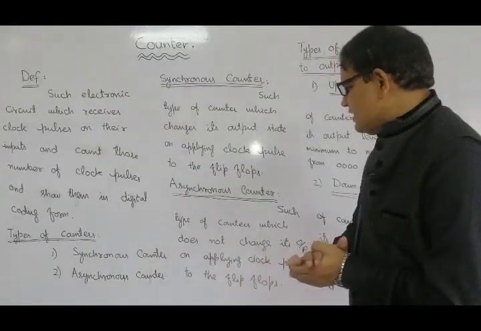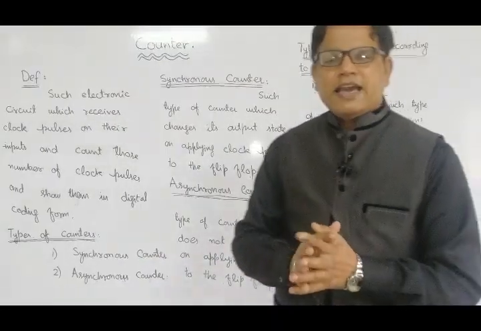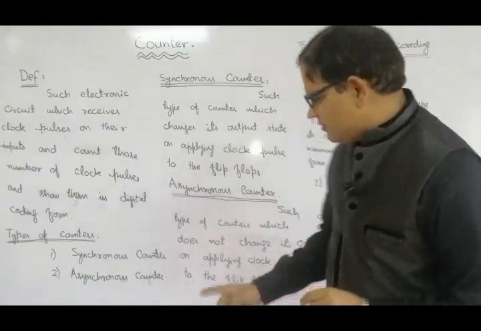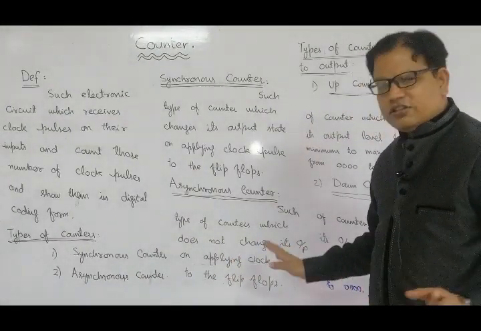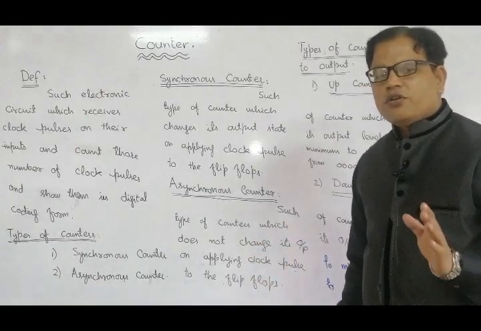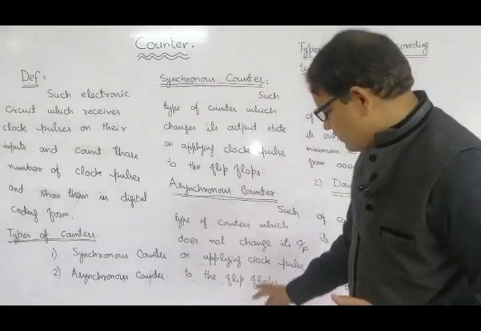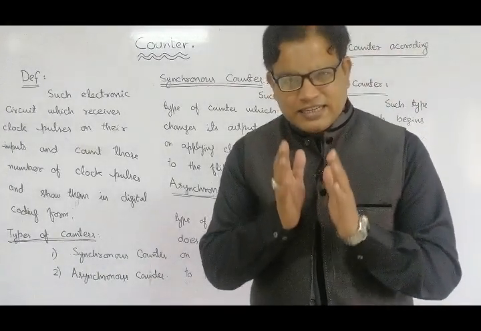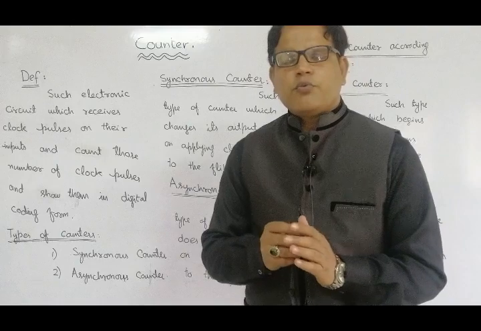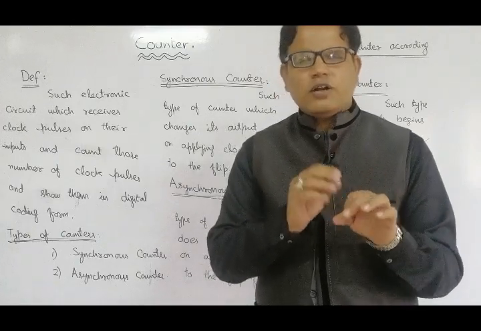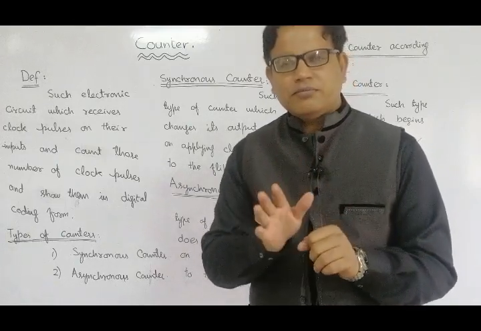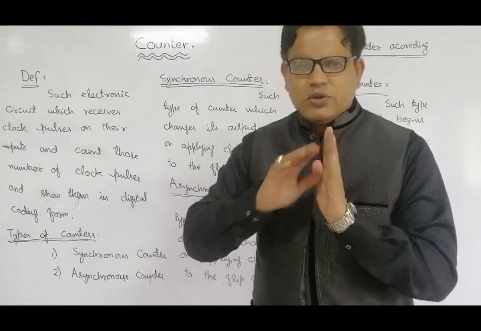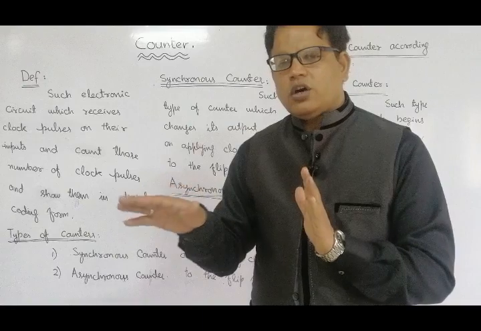The next type is the asynchronous counter. An asynchronous counter does not change its state on the provision of the clock pulse. It is a pretty simple thing. One flip-flop's output becomes the input of another flip-flop, and this sequence is displayed on the output.